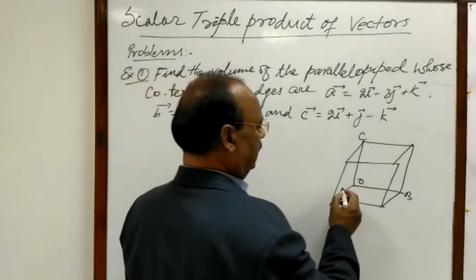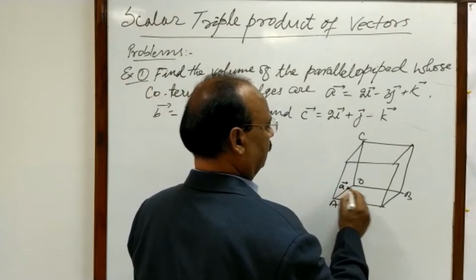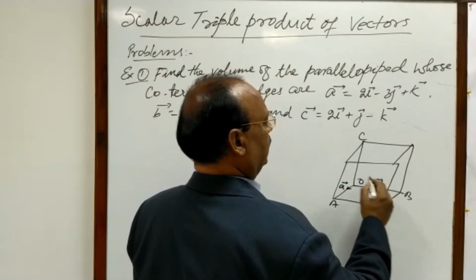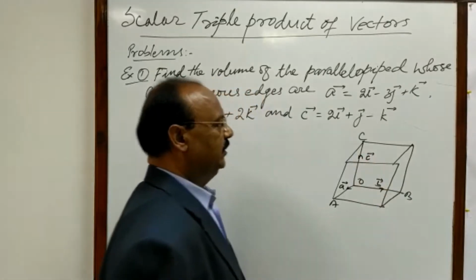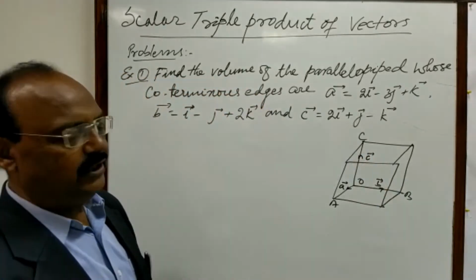So here OA is vector A, OB is vector B and OC is vector C. So we have to find out the volume.